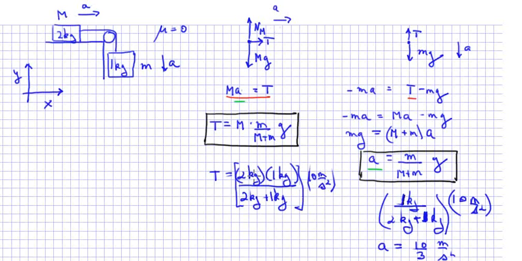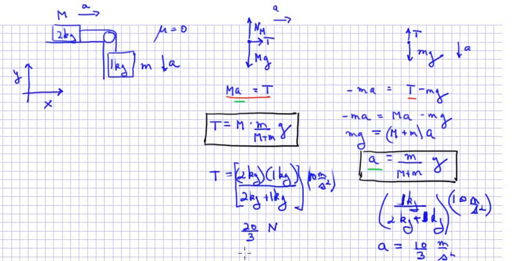And so that's 2/3, and that's a 10 right there, 2/3 times 10, so it's 20 over 3 newtons. I have kilograms squared here divided by kilograms, so this whole thing gives me kilograms. Kilograms times meters per second squared gives me newtons.